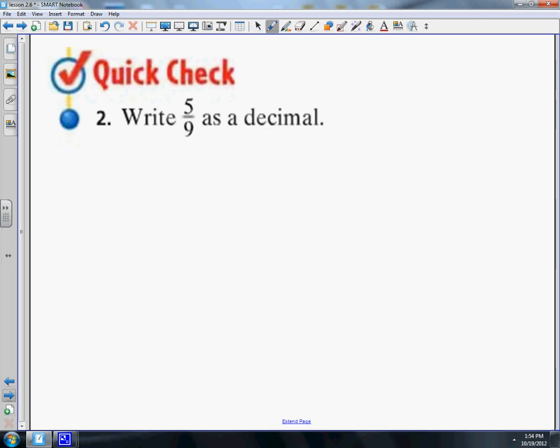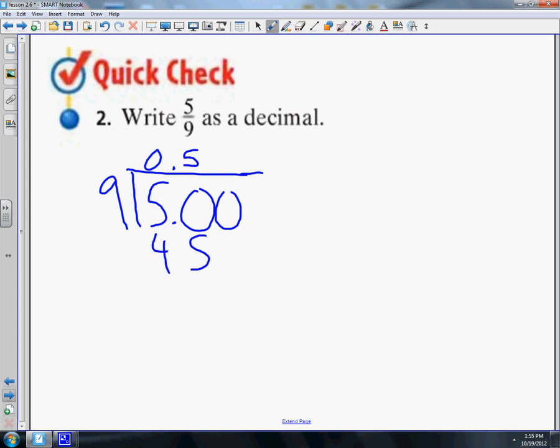All right, if we take 9 and divide it into 5, we'll add our decimal places in. 9 goes into 50 5 times. 5 times 9 is 45.